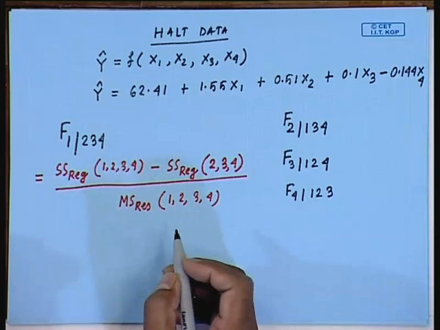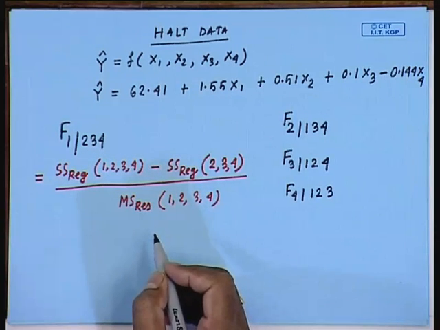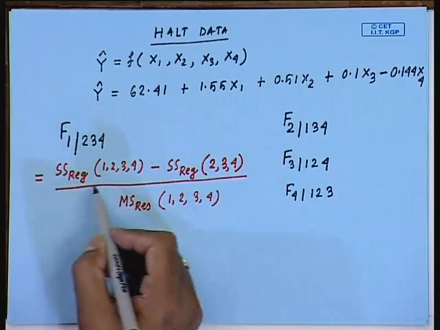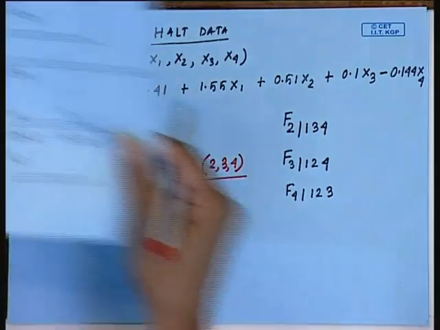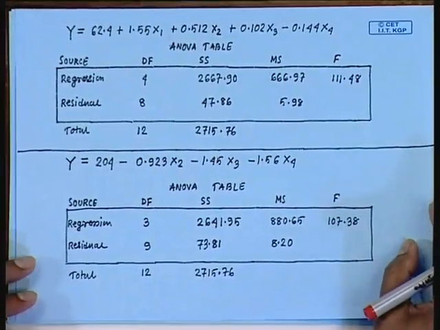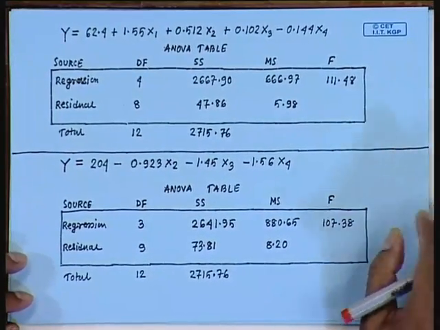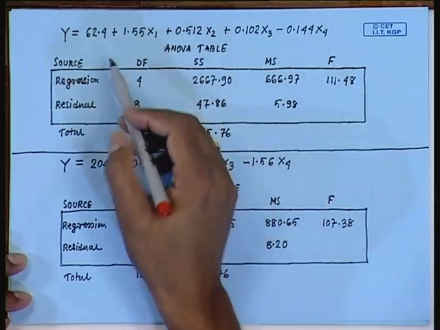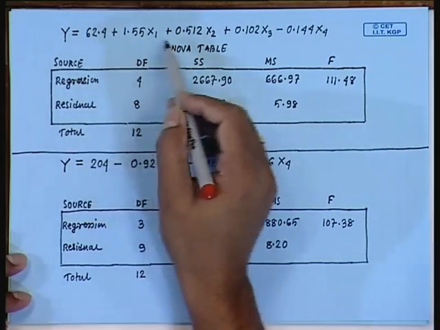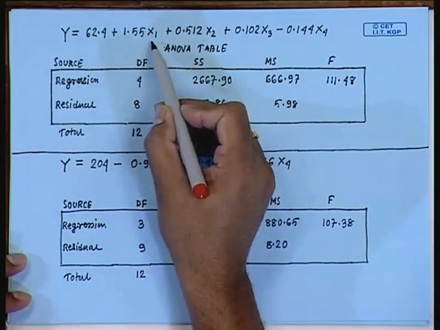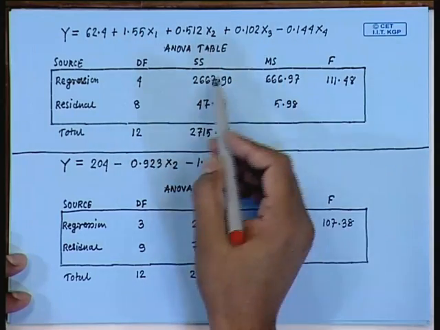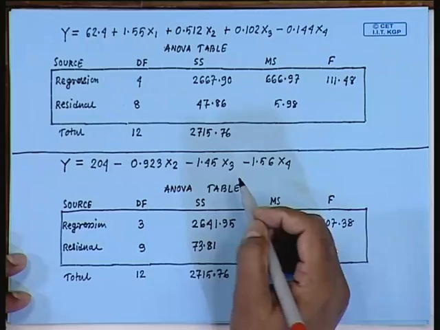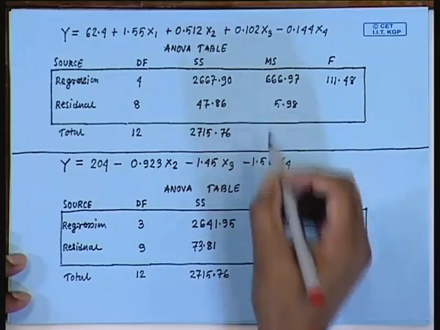So what we have to do is that we need the ANOVA table for the model involving 4 regressor variables. Here is the fitted model involving 4 regressors x1, x2, x3 and x4, and here is the ANOVA table for this full model.